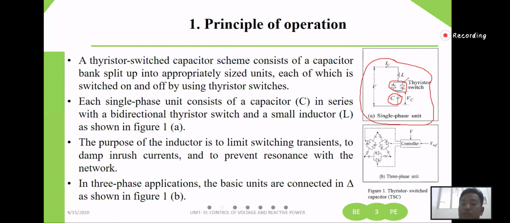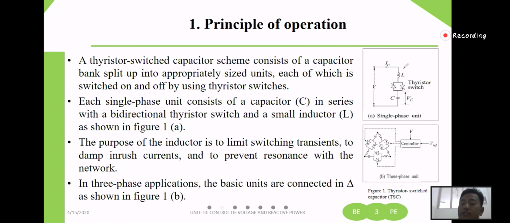But here in TSC, there is one additional element, an inductance L, connected in series with the capacitor and the thyristor switch. Whereas in TCR you will not find the capacitor, only the thyristor switch and inductance.